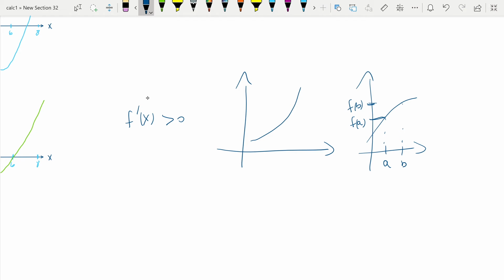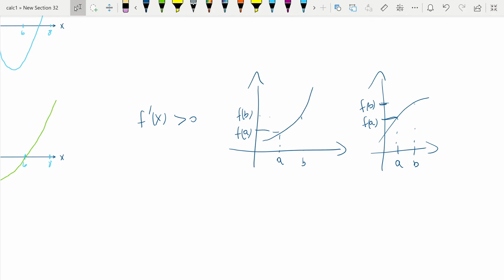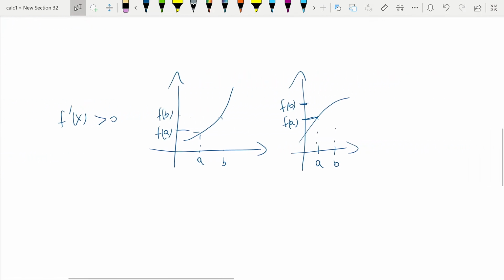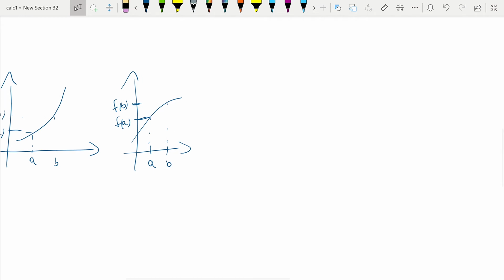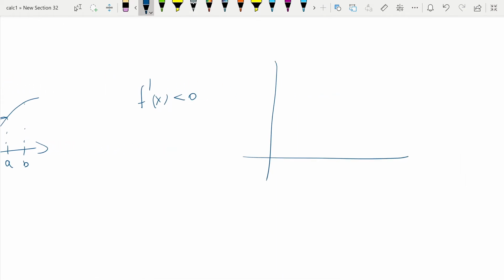The same thing here. The value of the function f at b is greater than the value of the function at the point a. So the function is going up. This happens when the derivative is positive. When the derivative is negative, the graph of f should be going down.